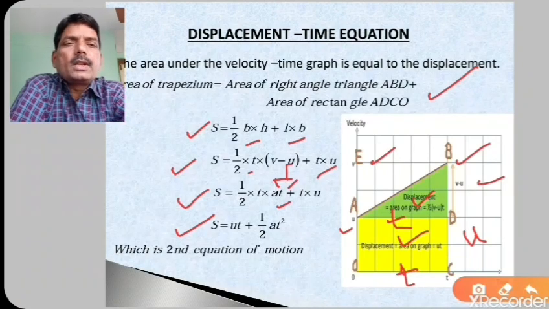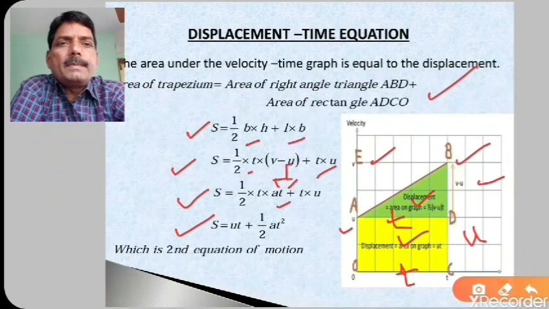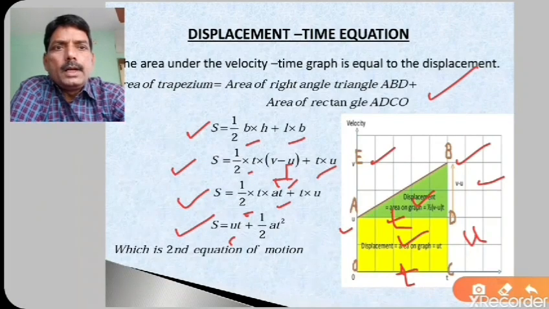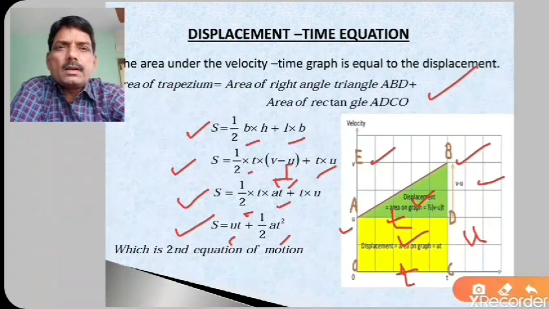In this equation, dear friends, if you want to calculate the displacement, it depends on initial velocity U, time period T, and acceleration A. So if these three things are given to you, you can calculate the displacement. So this is your second equation of motion.